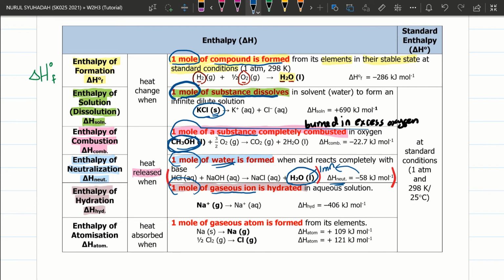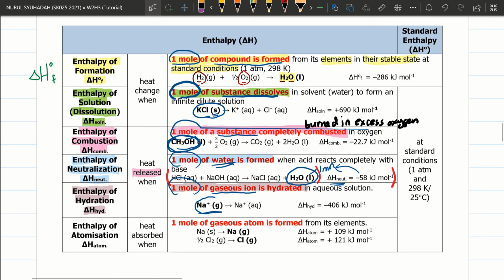For example, Na plus, and the phase must be gas phase, compulsory. It will produce Na plus, but the phase will change to aqueous. So the energy released, the negative 406 kilojoule per mole, is due to hydration of 1 mole of Na plus gas ion.